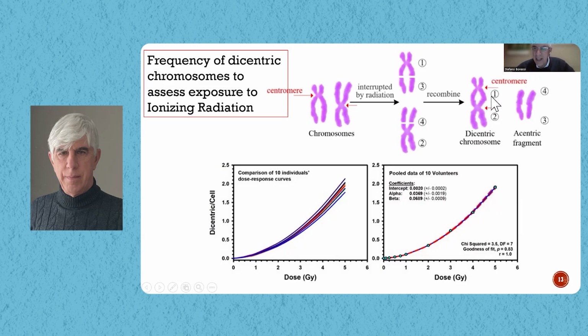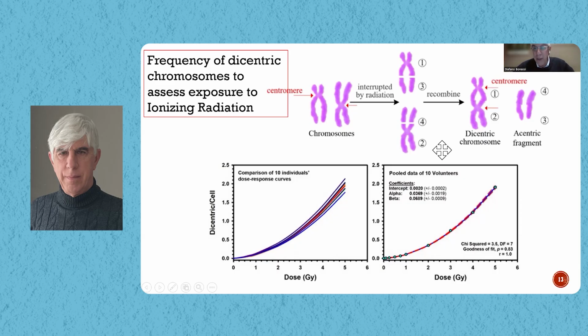Dicentric chromosomes are not very common, so we have to score at least maybe 500 metaphases. It's very complicated, a long-term exposure assessment, because it's done on the microscope.